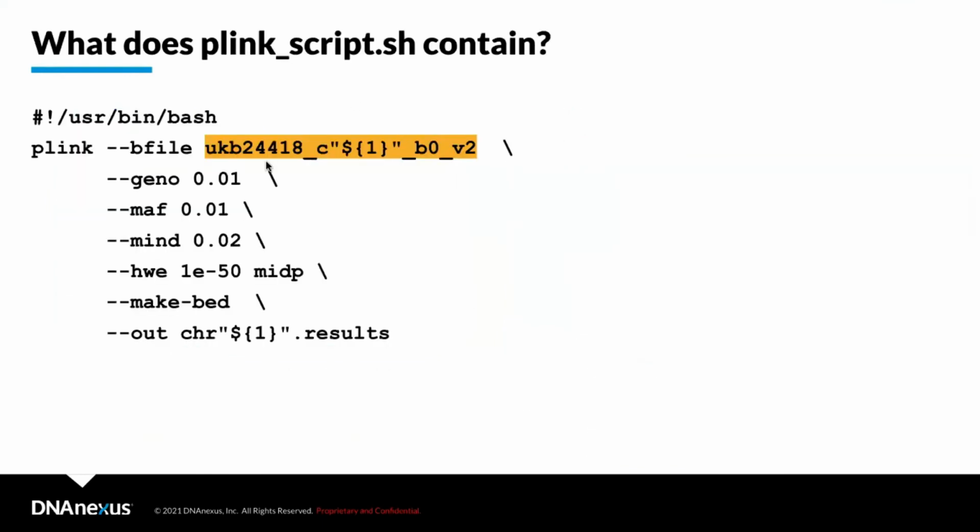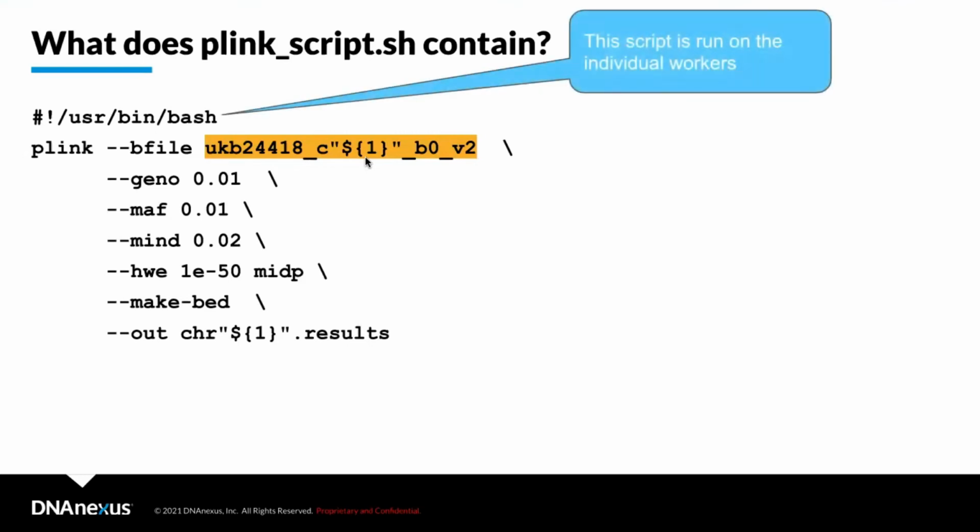Okay, so let's talk about what the plink script is going to contain. This is a little bit of a tricky bit. You'll notice that in our script, instead of i here, we have a $1 here. That means it's taking the first argument of the script. This is going to be run on the individual workers.